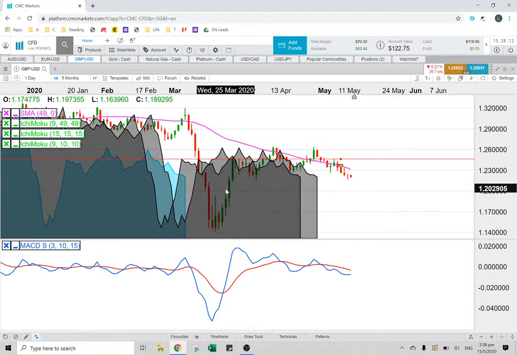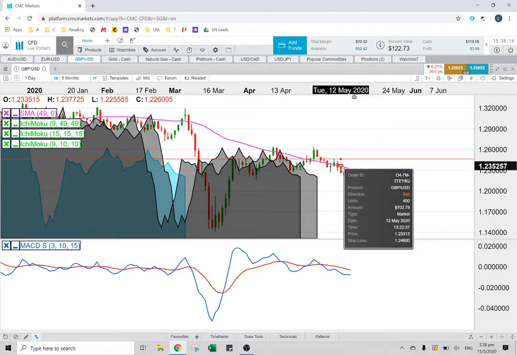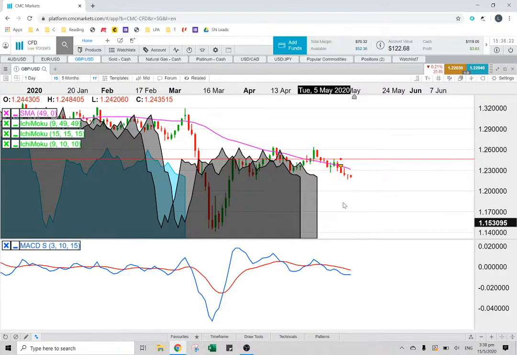Pound dollar. I am currently in a short for 400 units, as you can see here, making a little bit of profit, and it is now reaching some kind of support here. It starts to trace back up, which is fine. I have the stop loss tagged here. For things to start changing the picture, we should be looking at price hitting back up to, say, the high of this bar, which is 1.2437.